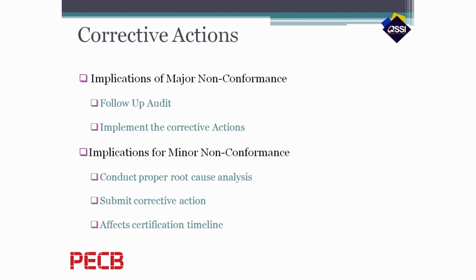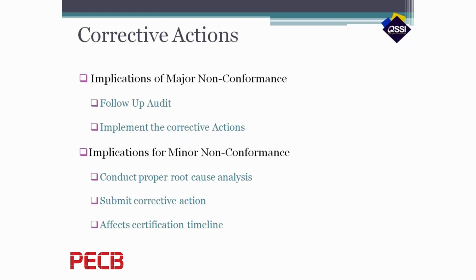Now, when you would have conducted the audit, there may be some non-conformities that would have been issued. What are the implications? If you've gotten a major non-conformance, more than likely they will conduct a follow-up audit. They want you to implement the corrective actions.